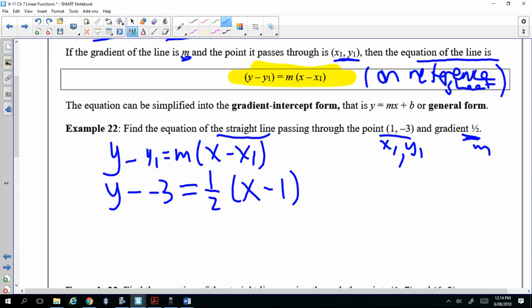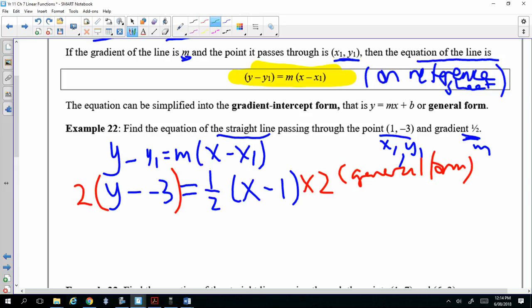And then we have to simplify it. We're going to write it in general form because there are fractions. How do I get general form? Multiply both sides by 2. That will cancel the 2 and we end up getting 2y plus 6 equal to x minus 1.